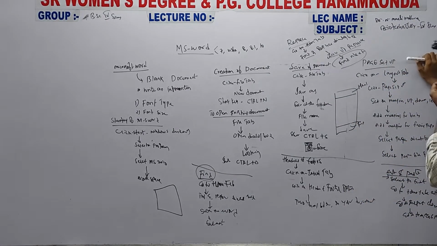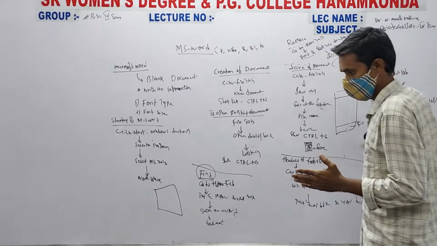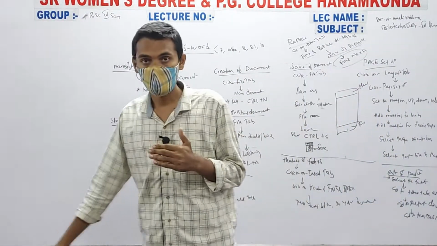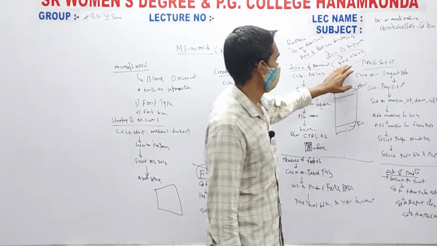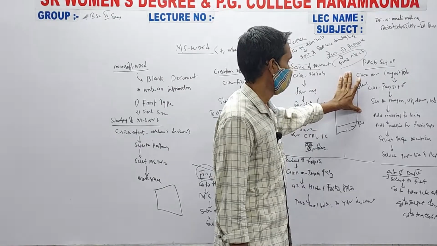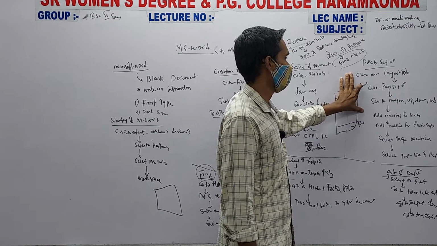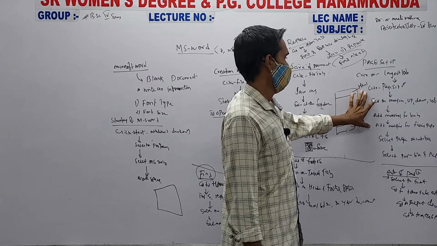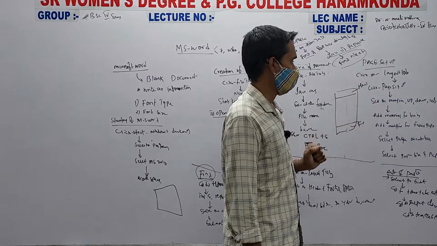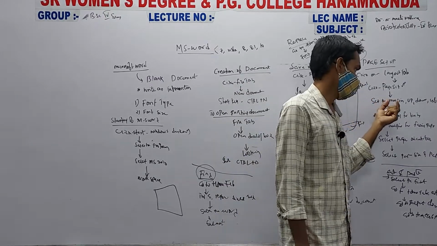Next, page setup. For giving exact margins on the left, right, top and bottom of the page, we have to go for page setup. For this, click on Page Layout. Next, click Page Setup, then set the margins.